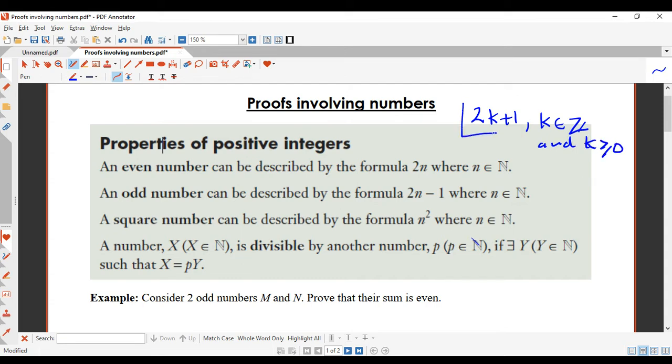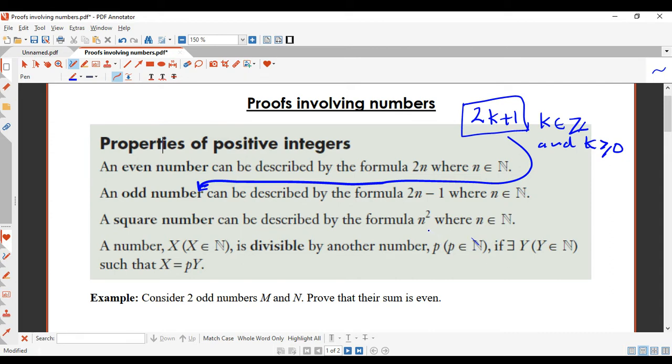So you can also represent it like that. That's another way of doing the odd numbers.